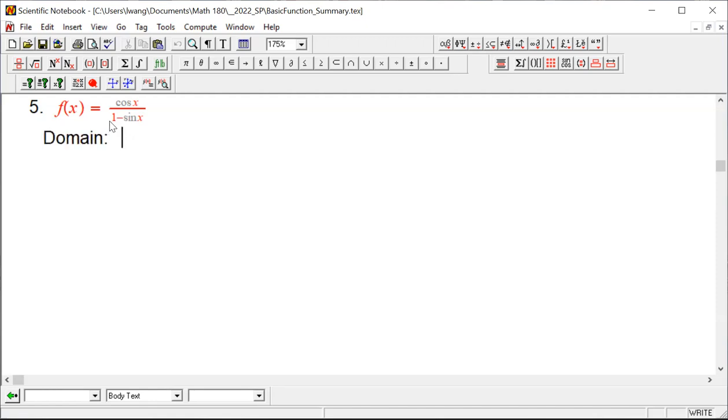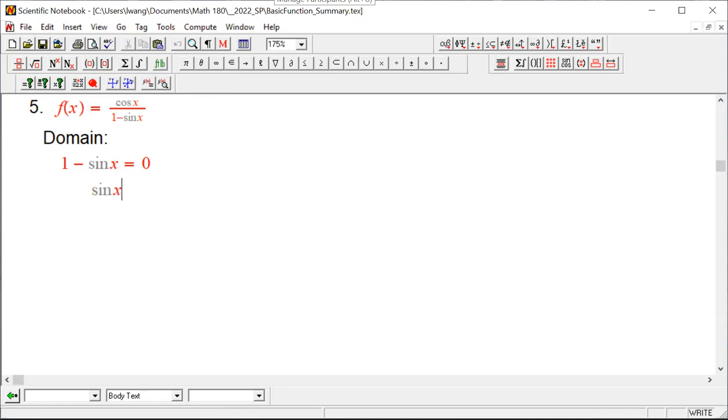Cosine x has a domain of all real numbers, and cosine x is in the numerator, so it can be any real number. The denominator, however, cannot be 0, so we set it equal to 0 to see what that's going to take us to. If it is 0, what's going to happen?